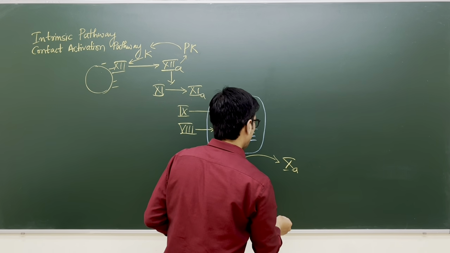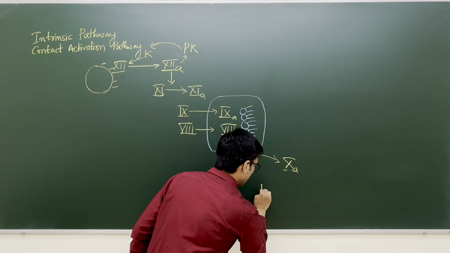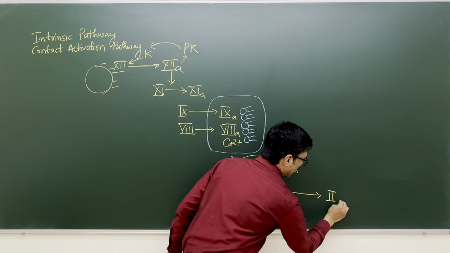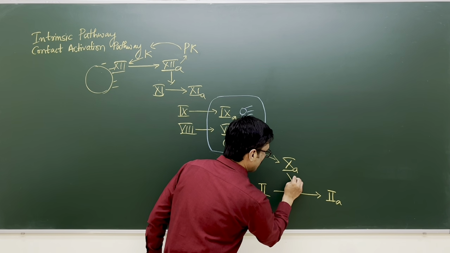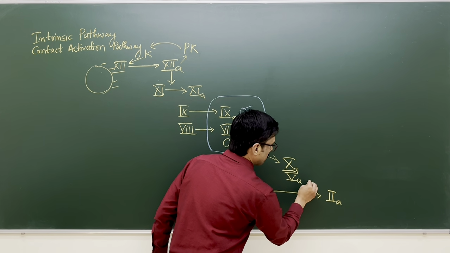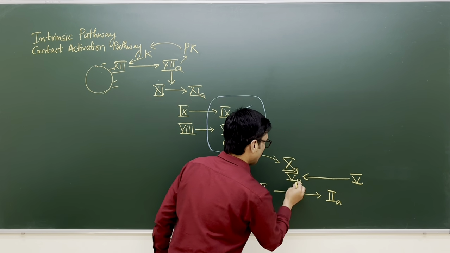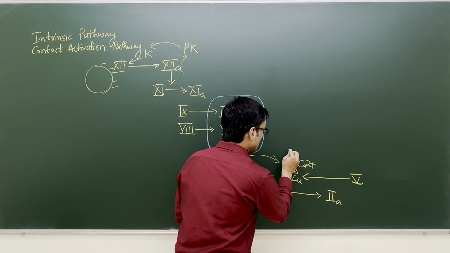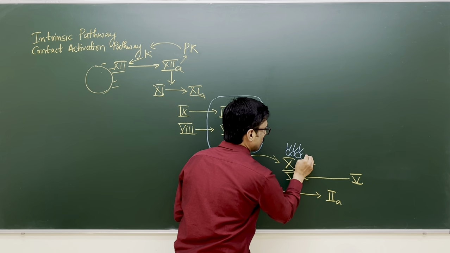This activated factor 10 will activate factor 2. For the activation of factor 2, this activated factor will combine with activated factor 5. So this activated factor 5 along with calcium over the surface of the platelets, binding to the platelet phospholipids.